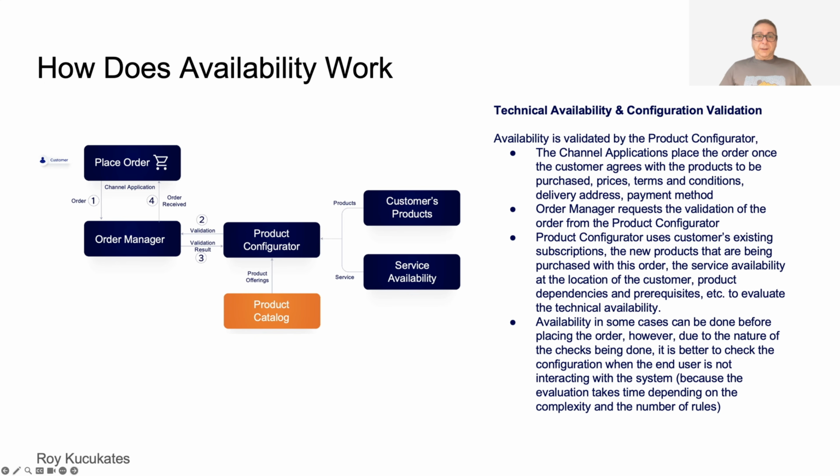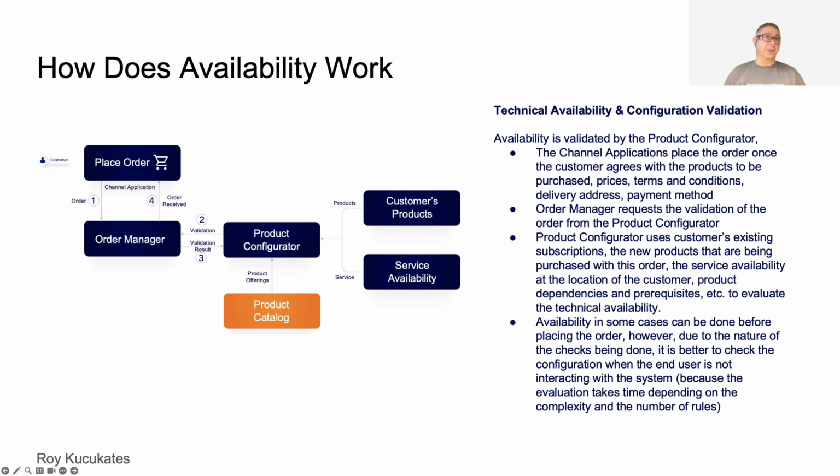The eligibility, as I said, can work differently in different implementations, but I do recommend using the product configurator, which is a separate independent component that has access to the customer's products or service availability or to the product catalog. It becomes a flexible design because you can enhance product configuration rules without touching your order manager.